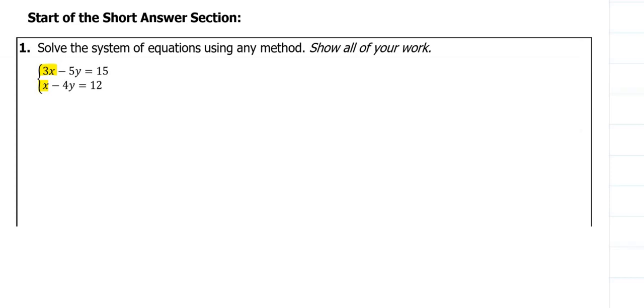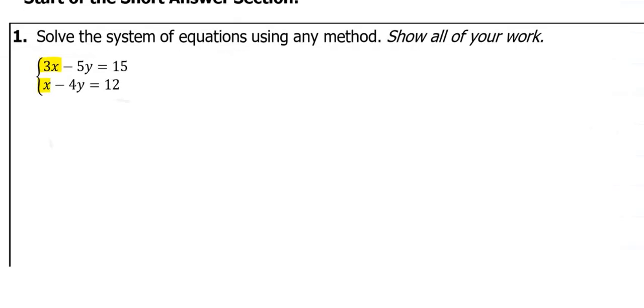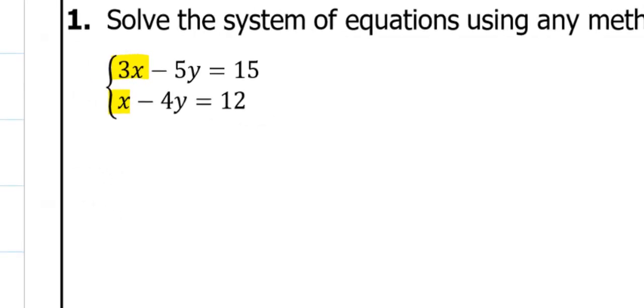So in order to do that, I'm not going to touch the first row, and I'm going to try and get the bottom row to have negative 3 as the coefficient to x. So in order to do that, I'm going to go ahead and zoom in, and I'm going to multiply everything in the bottom equation by negative 3. So multiply every term by negative 3.